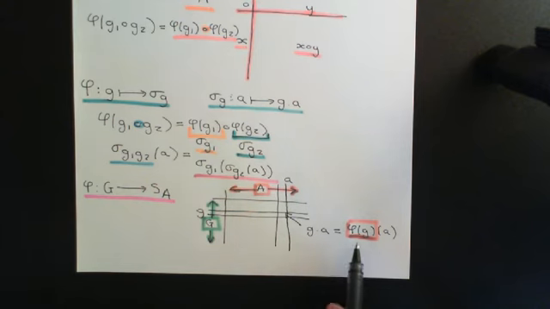So that's what this means. It means the mapping phi of little g, mapping the element little a onto something. So I'm going to define g dot a to be equal to phi of little g of little a.